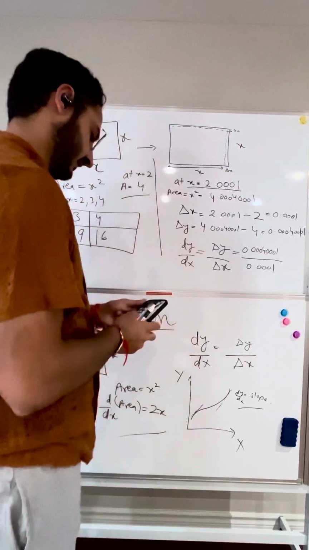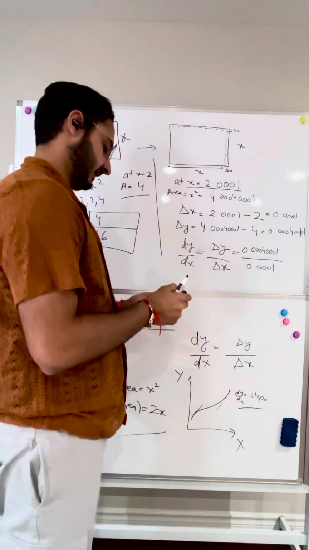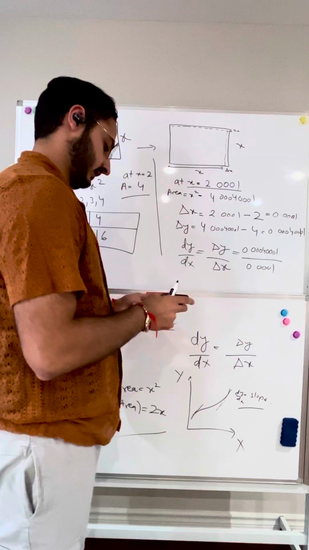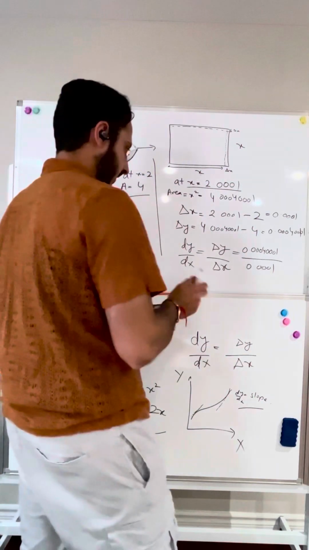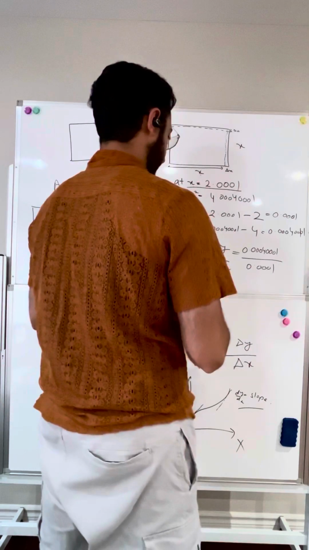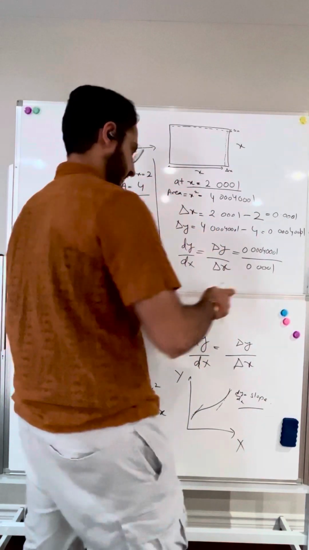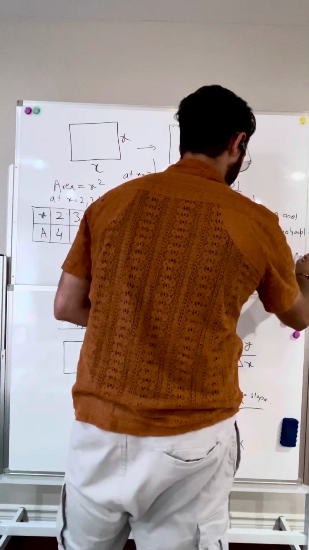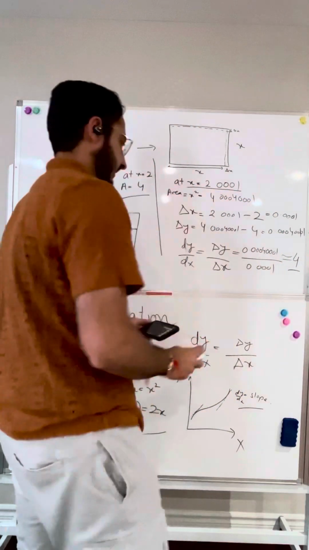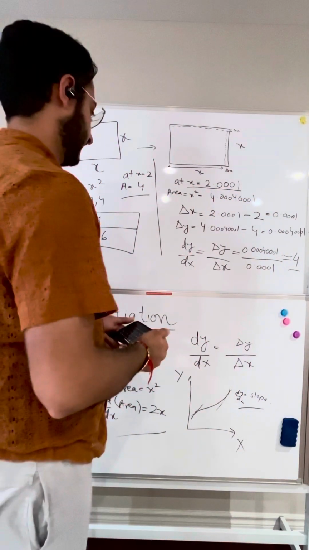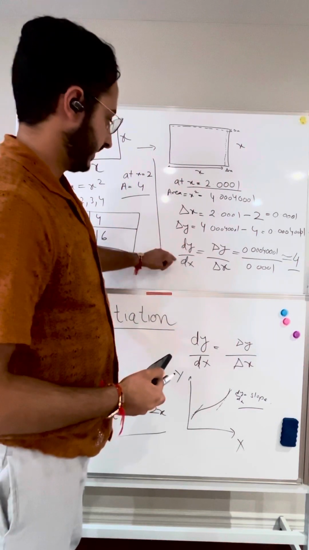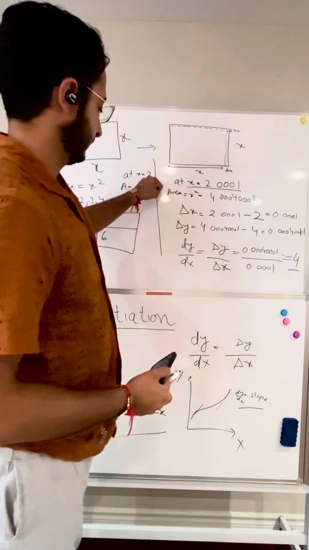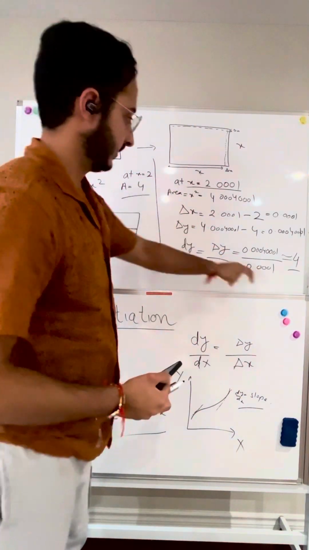So if I do the maths, if I divide by 0.0001, it's very close to, it's almost 4, and we get the derivative at x equals 2 to be equal to 4.